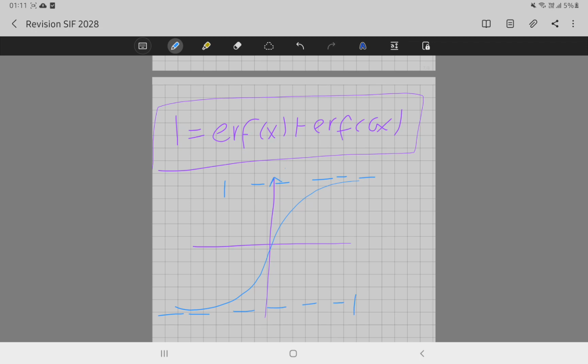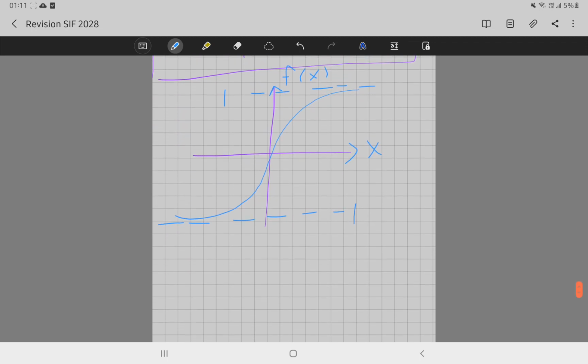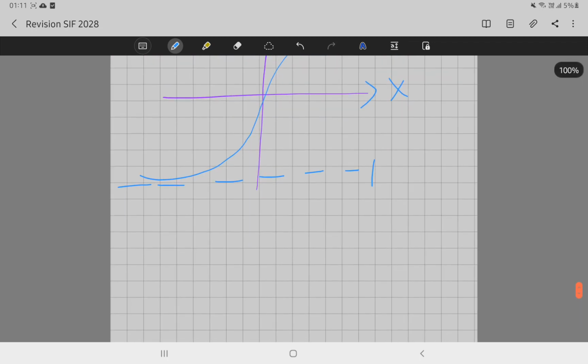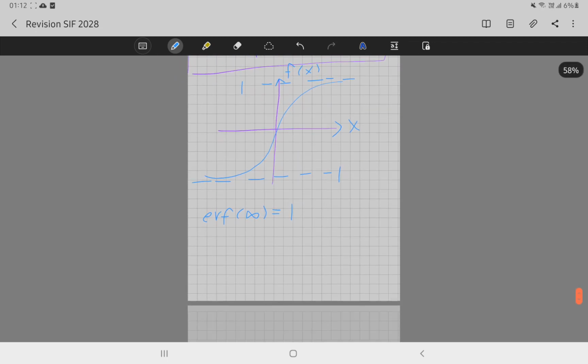Okay, so this is x, this is f of x, so these are the y asymptotes. At erf of infinity it is equivalent to 1. So you need to know about that.